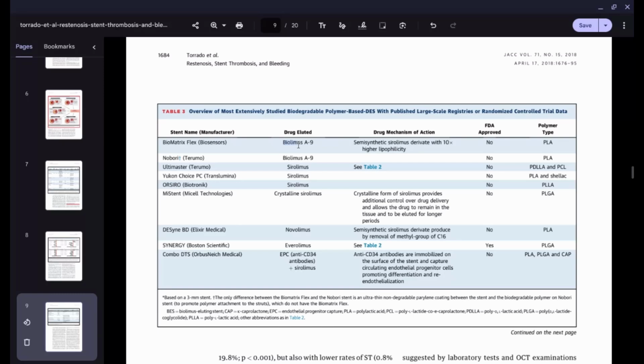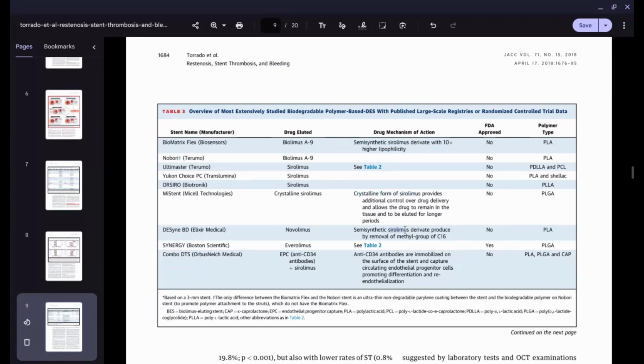So here it is. Biolimus, Sirolimus, Everolimus. Again, I suppose most are variants. Notice this is semi-synthetic Sirolimus, crystalline form of Sirolimus. So this is mostly Sirolimus variants.